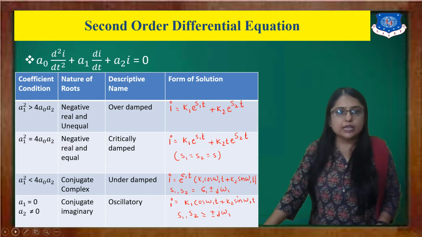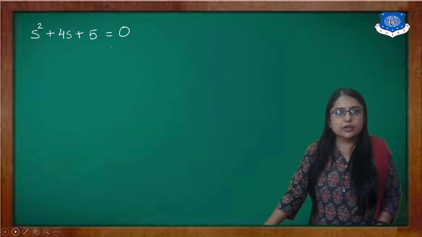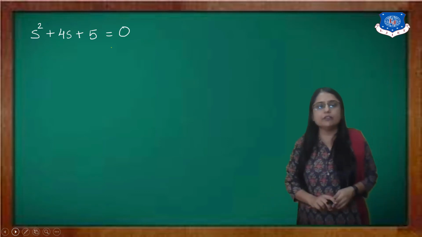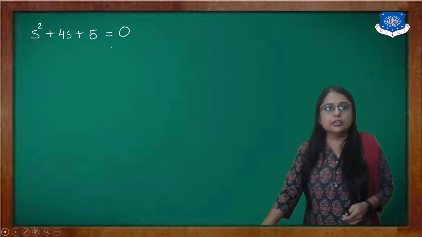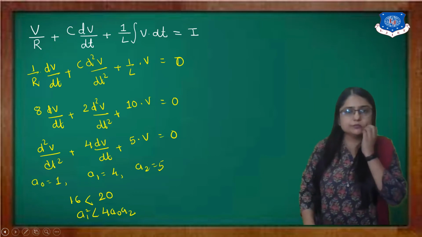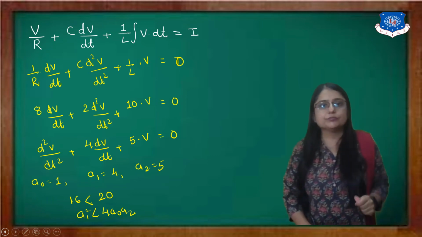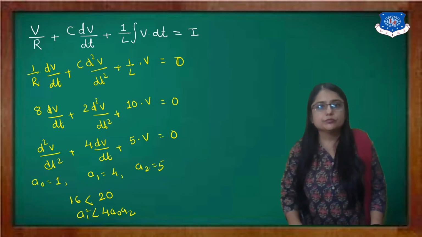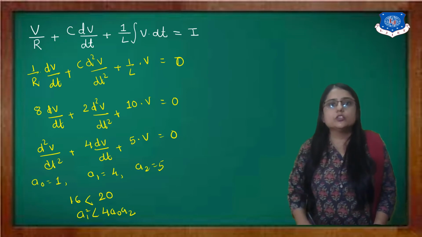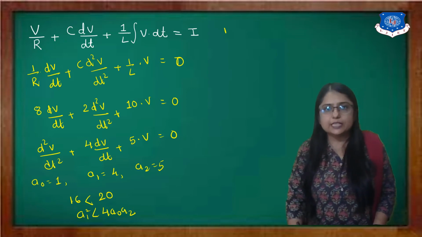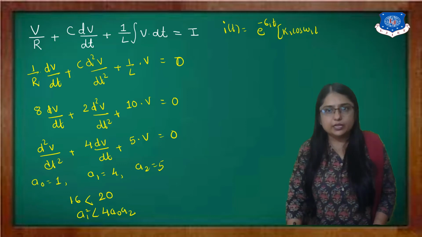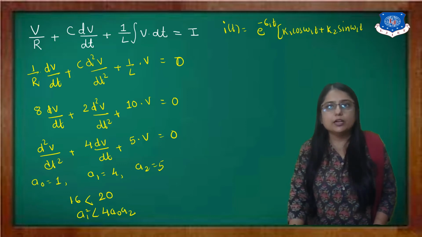See here, so directly I am just writing this equation here. Here our solution will become I of t equals e raised to minus sigma 1 t times k1 cos omega 1 t plus k2 sin omega 1 t.